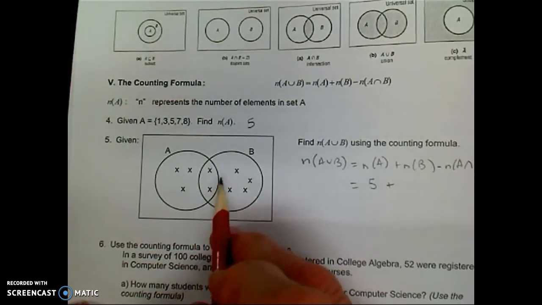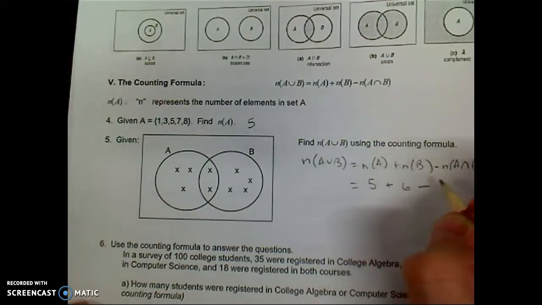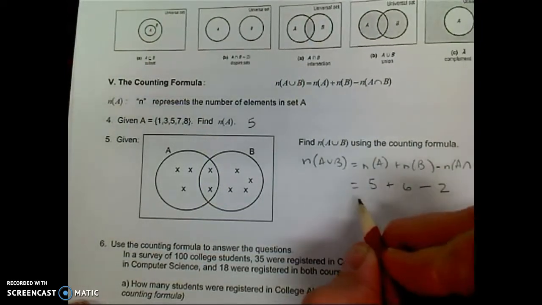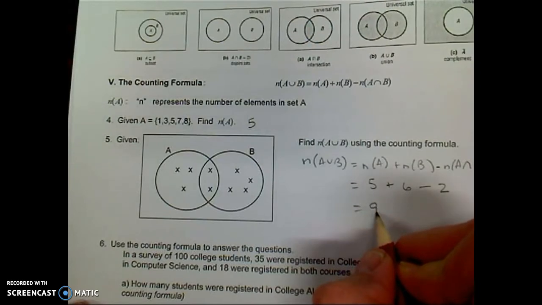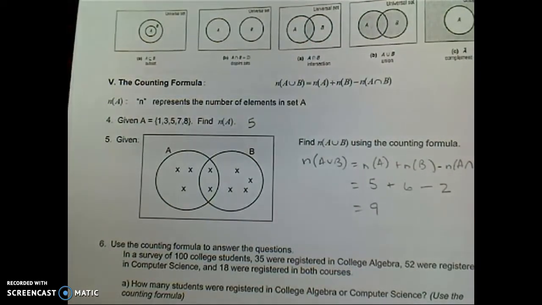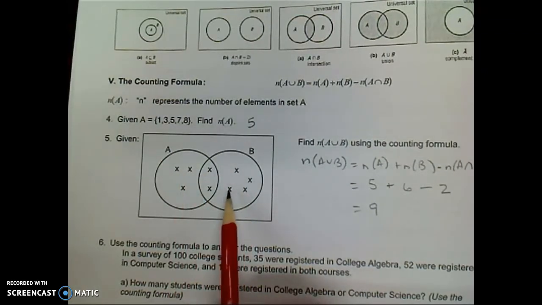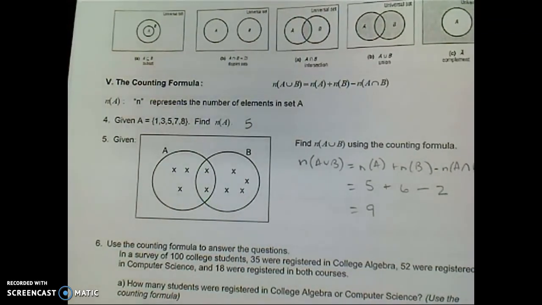In B, 1, 2, 3, 4, 5, 6 of those. But then we have to subtract off these that are contained in both, which is 2. So 5 plus 6 minus 2, that's 9. So the number of items that are in the union of set A and set B is 9. And if you count them, 1, 2, 3, 4, 5, 6, 7, 8, 9 items altogether.